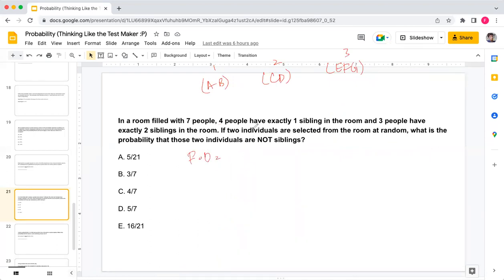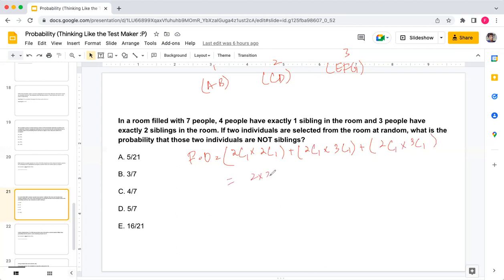If I pick one from the first pair and one from the second pair, or one from the first pair and one from the third group, or one from the second pair and one from the last group, these are all favorable outcomes.